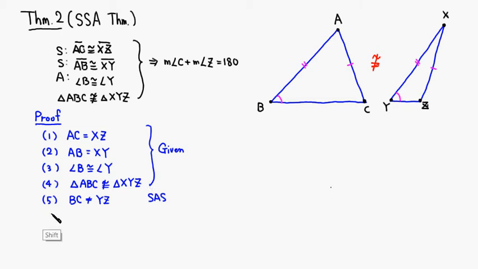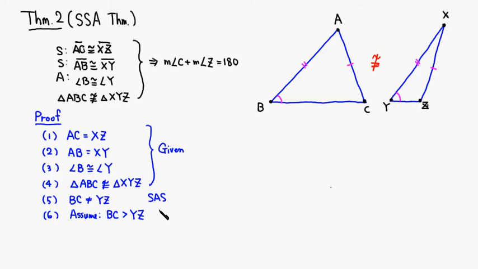If they're not the same, then one has to be longer, so I'm going to assume that BC is longer than YZ.